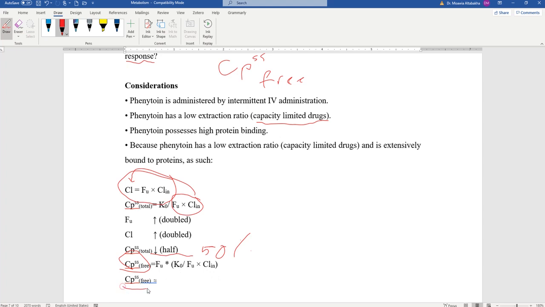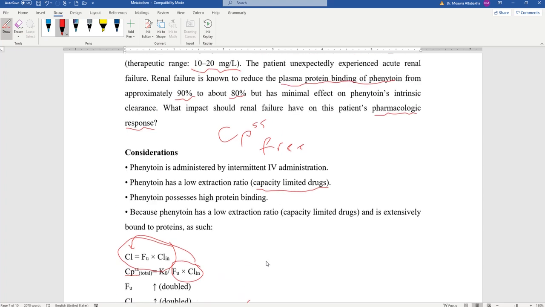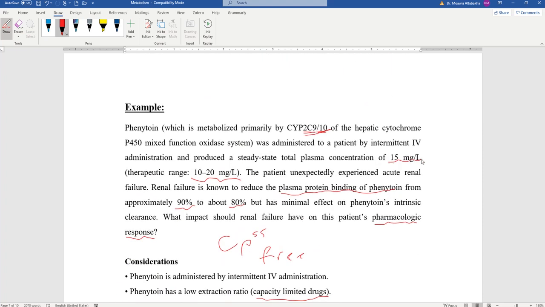It means that the free drug will remain the same. Meaning even though the total CPSS became half, even then the effect or the pharmacological response will remain the same.